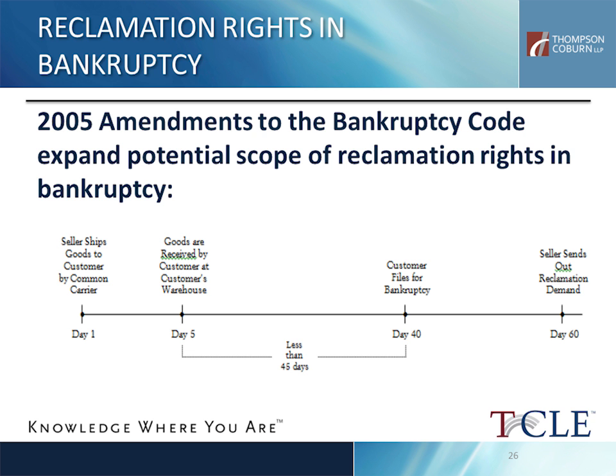On the one hand, those changes expanded the potential scope of reclamation rights in bankruptcy, but on the other hand, some provisions significantly limited and restricted the right of reclamation in bankruptcy.